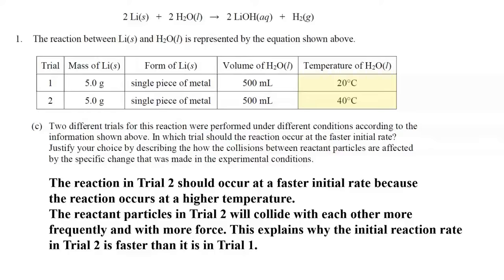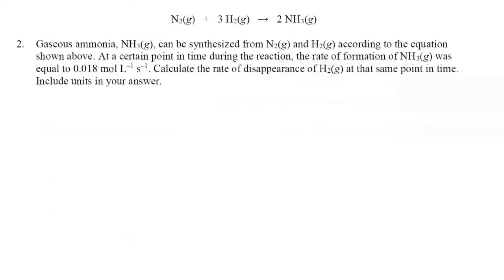But in question 8 of this packet, you will see a Maxwell-Boltzmann distribution curve for the collision energies, and then I will talk about what happens when you increase the temperature and a greater fraction of the collisions will have the required activation energy. All right, let's move on to question 2.